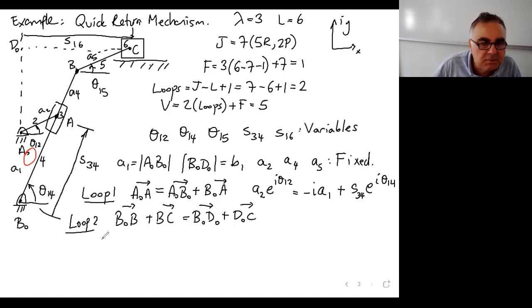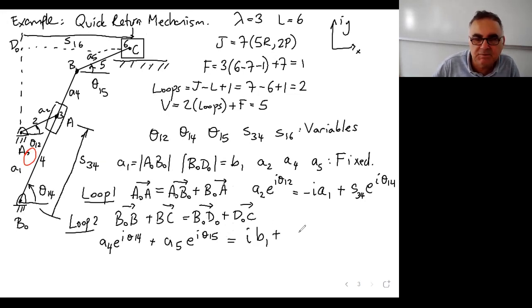A4 e to the i theta 1, 4, plus BC, A5 e to the i theta 1, 5, will be equal to B0D0. So it is in the vertical direction, so it is iB1 plus this whole distance, it is S1, 6. So this is another equation.